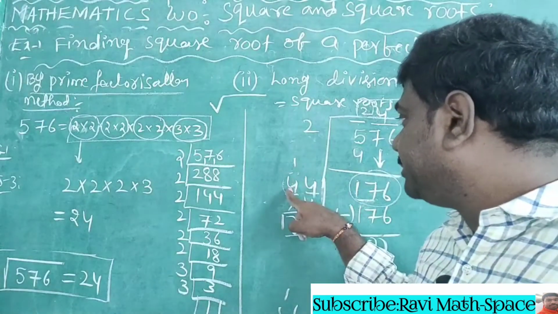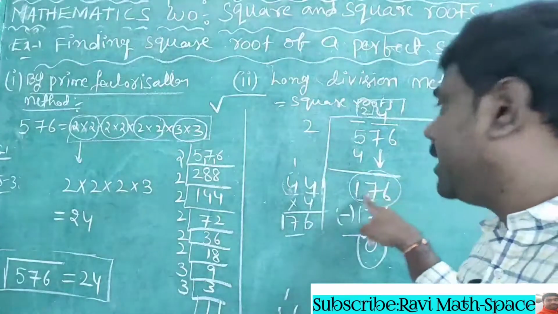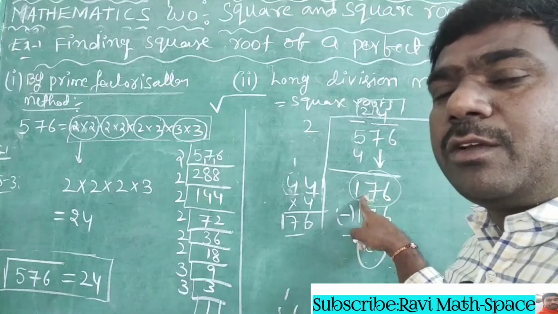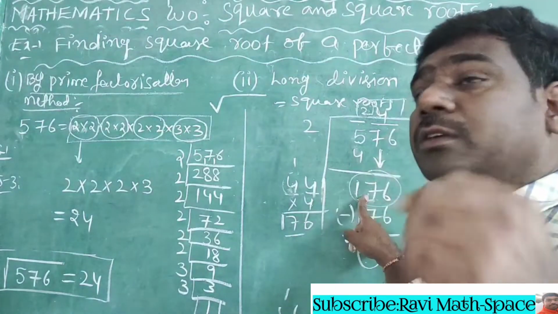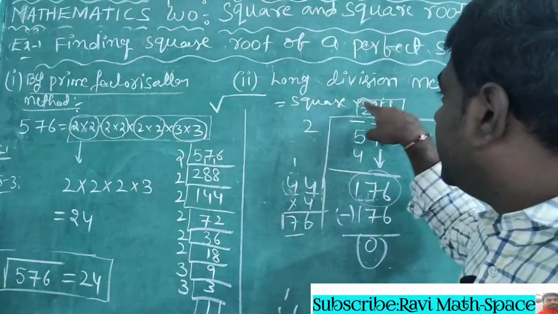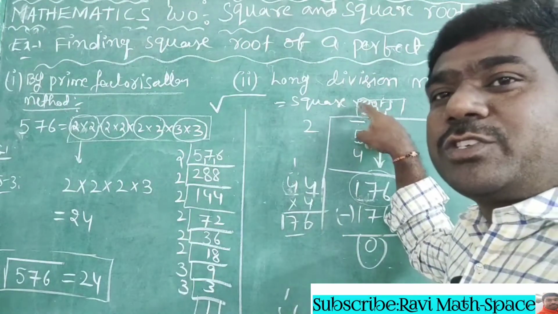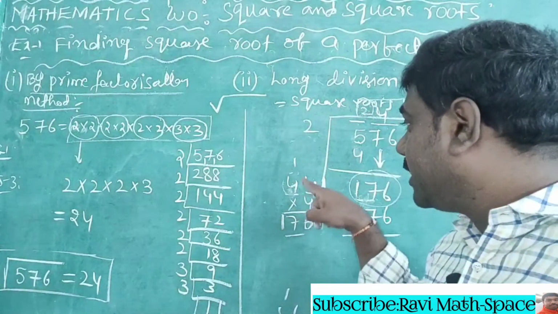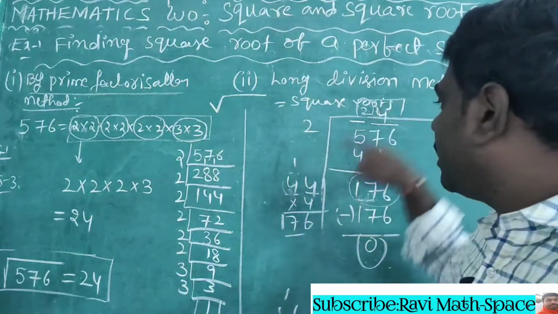How many times does 4 go into the first 2-digit number? 4 times will go. That 4, where do we write? In the quotient to the right of the quotient number, as well as to the right of the divisor number. So here 4, here 4.